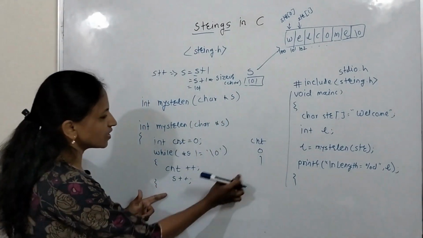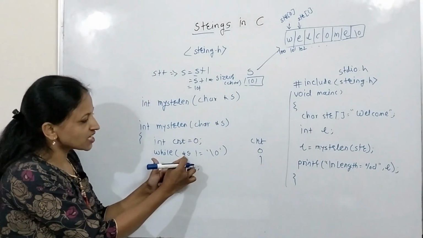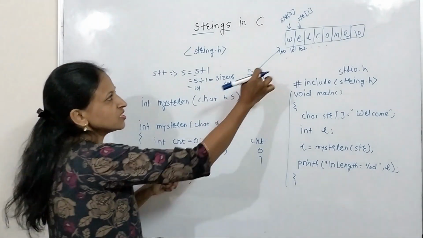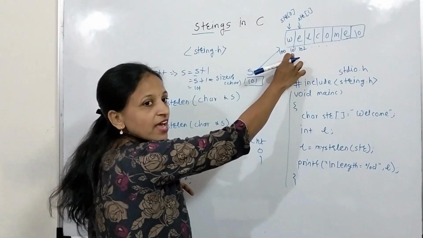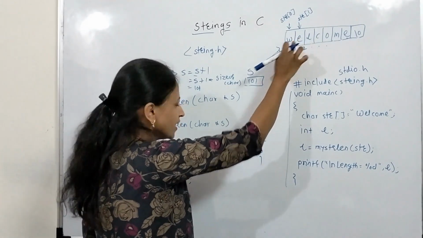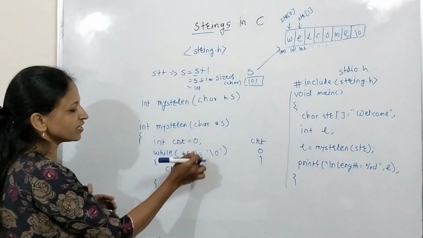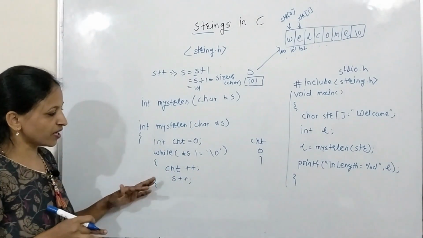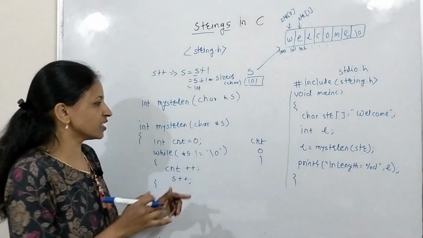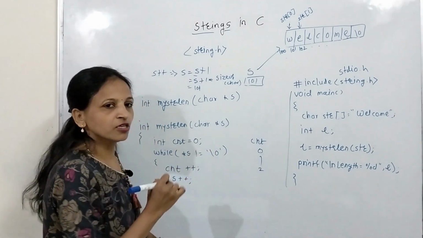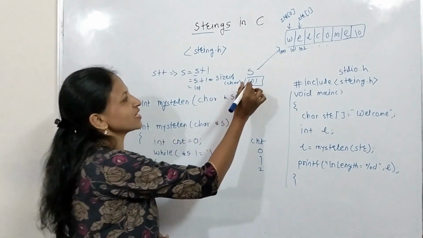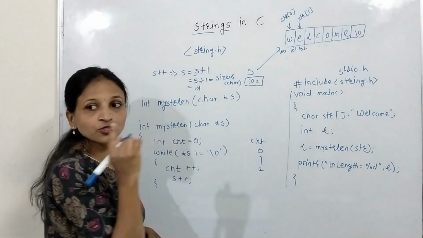Now again control will come here and we'll check star s. Star s means star 101, means value at 101 is e not equal to /0. It is true. If it is true, it will again go inside that loop and will execute the statement. Now cnt plus plus cnt will become 2 and s plus plus again it will become 102 and so on.